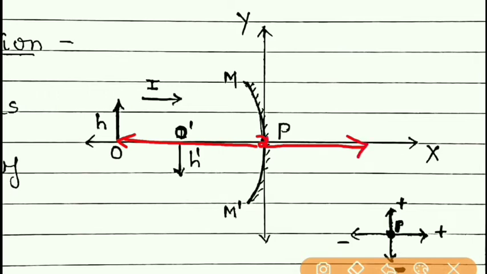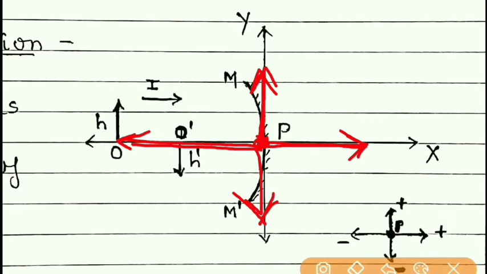So it is clear that towards the positive x direction the distance is positive, and towards the negative x direction the distances are taken negative from the pole. Also, the distances in the upward direction are taken positive, and the distances in the downward direction from the principal axis are taken as negative. Means towards the positive y direction distances are positive, and towards the negative y direction the distances are taken negative.